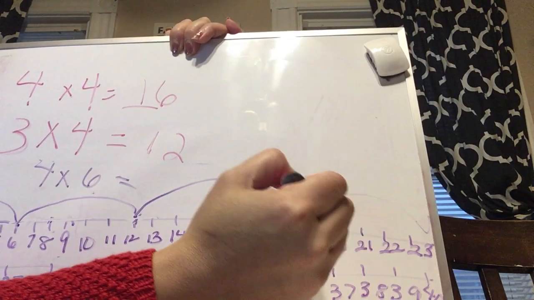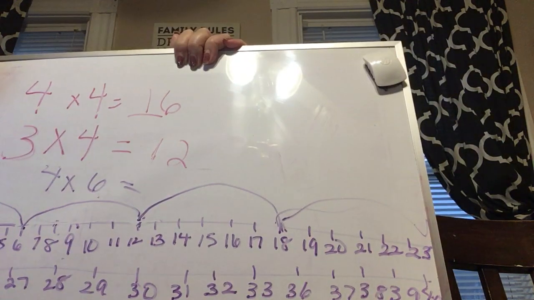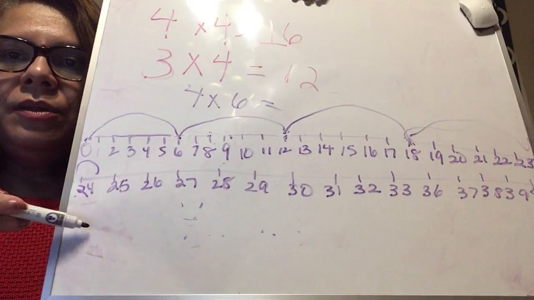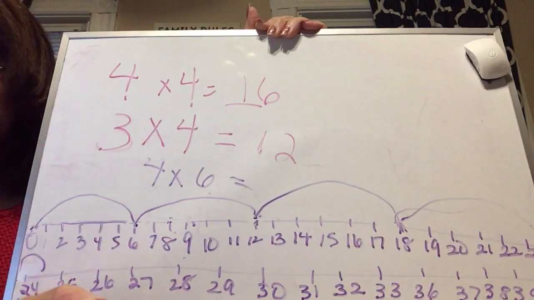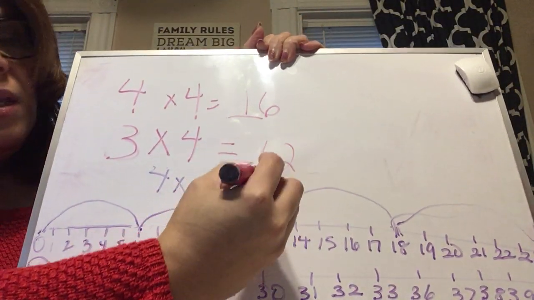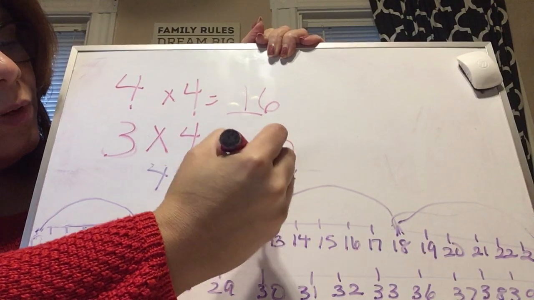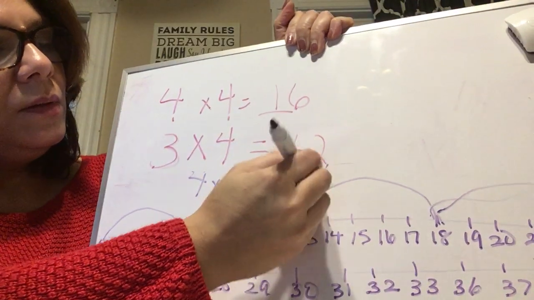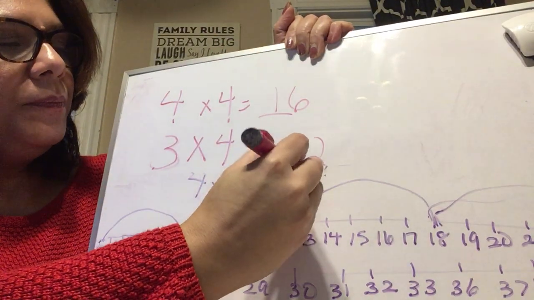And if you notice, 6 more, I have it over here. This continues here. So 4 hops of 6, or 4 times 6, is 24. Okay? 24.